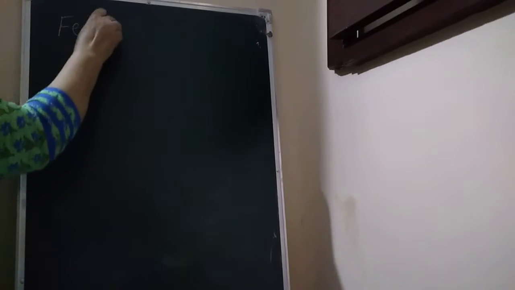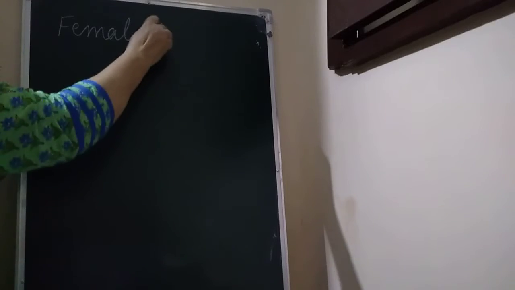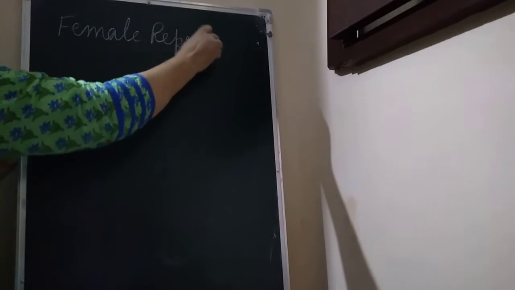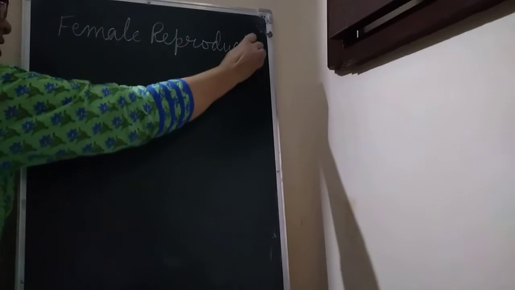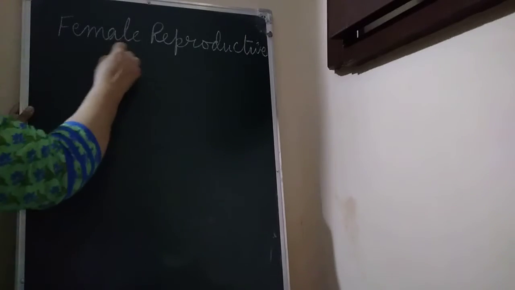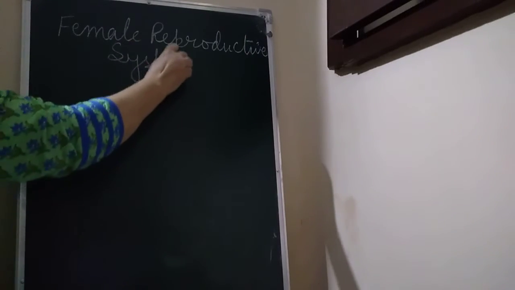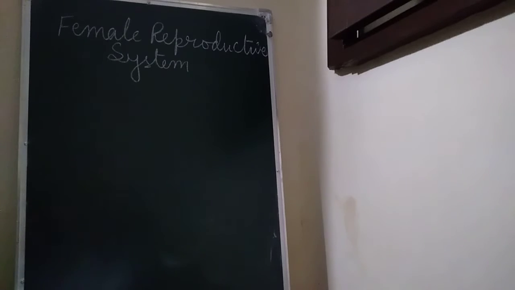Female reproductive system. The female reproductive system includes a pair of ovaries, the oviduct, and that oviduct is also known as fallopian tube, the uterus and vagina.